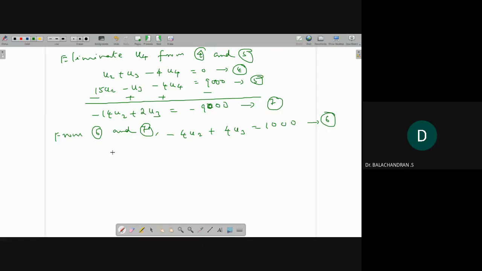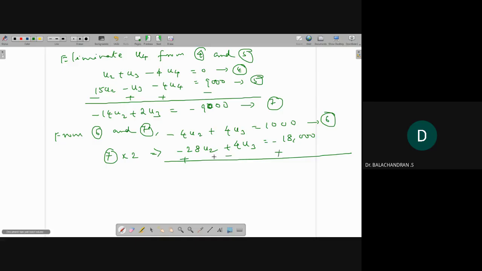Multiply equation 7 by 2: minus 28u2 plus 4u3 equal to minus 18,000. So if you subtract, get plus, minus, plus. So 24u2 equal to 19,000. So u2 equal to, using calculator, please verify and tell.